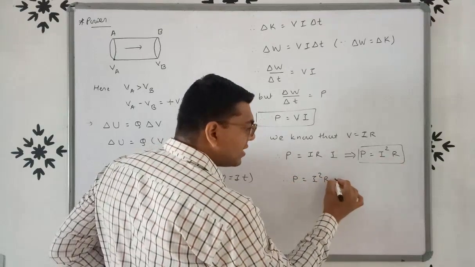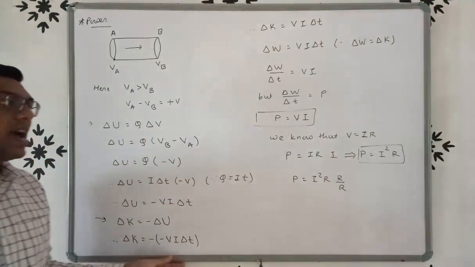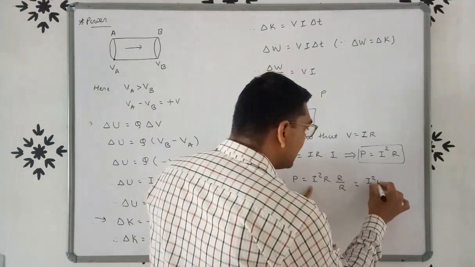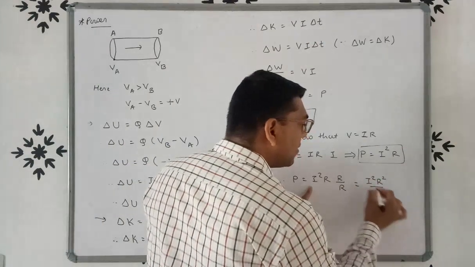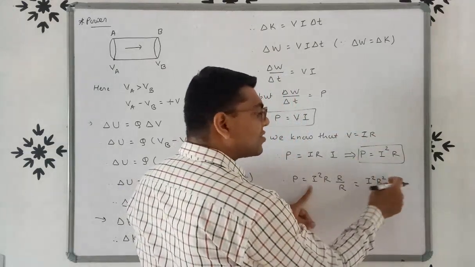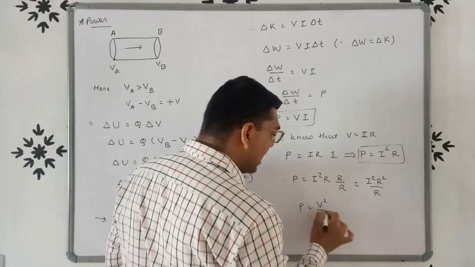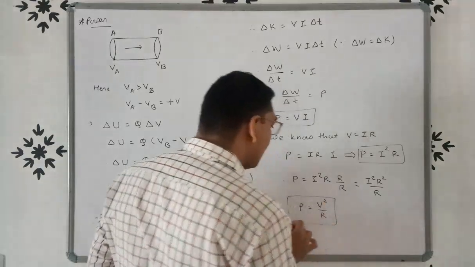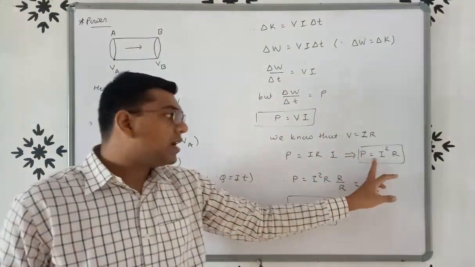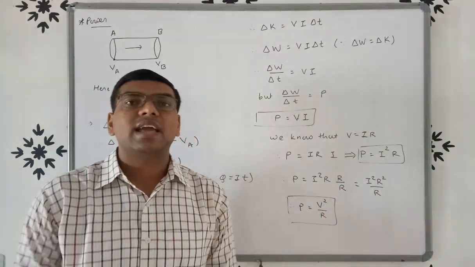If we multiply this equation by R and divide by R, we get P is equal to I square R square upon R. Since V is equal to IR, I square R square is equal to V square. So P is equal to V square by R. So there are different formulas of power. First one, P is equal to VI. Second one, P is equal to I square R, and third one, P is equal to V square by R.